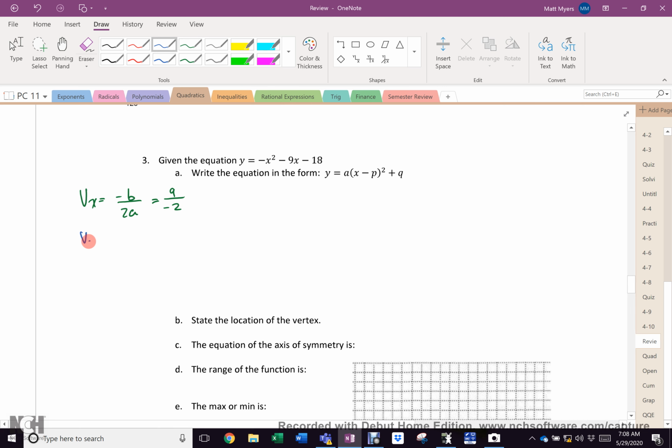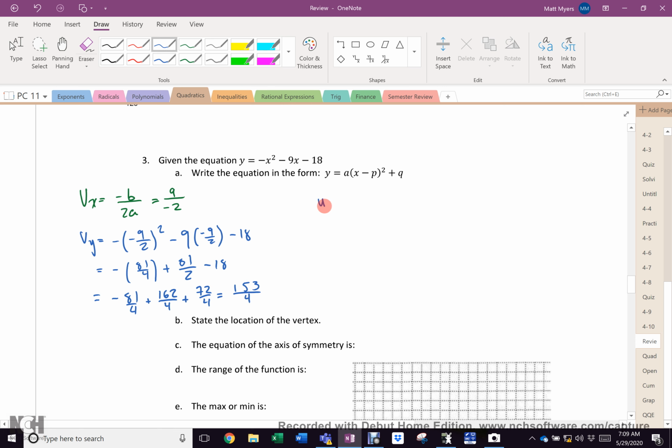So then my vertex y is going to equal -9 squared minus 9 times -9 minus 18, which is -81 over 4 plus 81 over 2 minus 18, which is -81 over 4 plus 162 over 4 plus, now 18 is 72 over 4, which gives me 153 over 4 for a vertex.